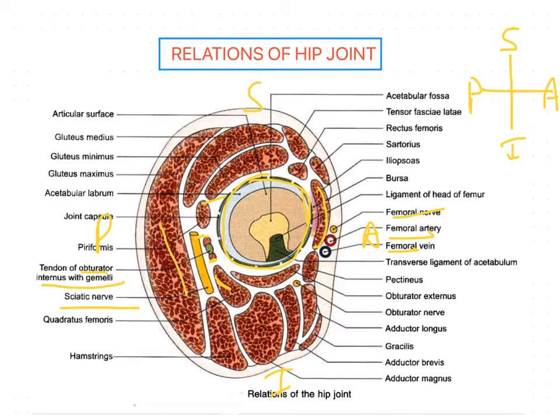These are the relations. One is the piriformis muscle, and the gemelli, superior gemellus and inferior gemellus.